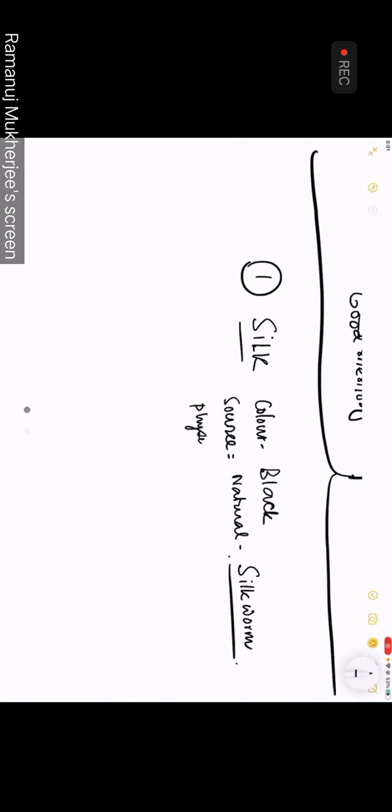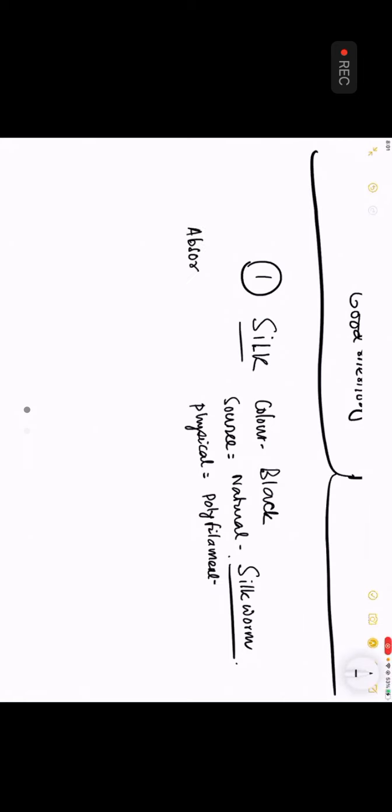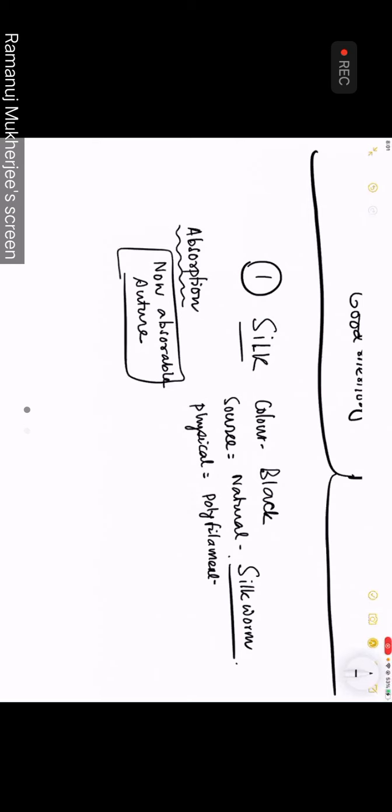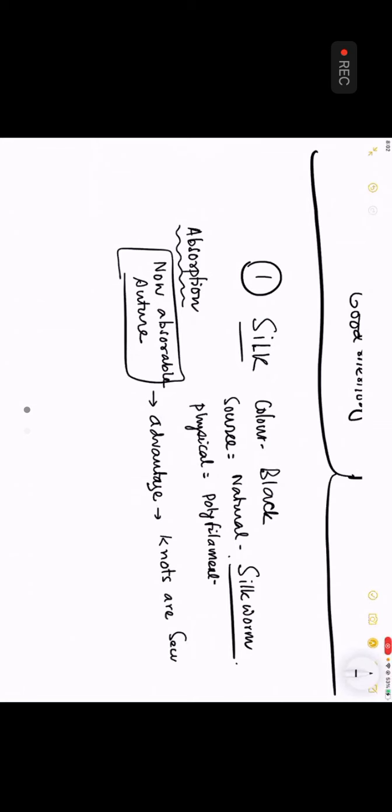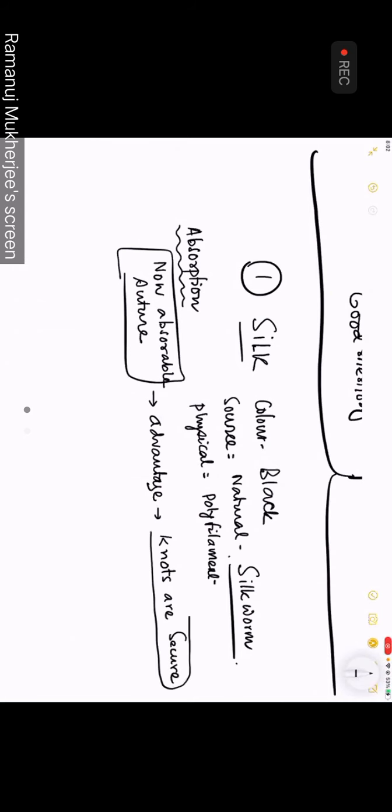The physical quality is polyfilament, and the absorption time: in MBBS at least, it is a non-absorbable suture. It is not digested by the human body. The advantage of this is that knots are secure.